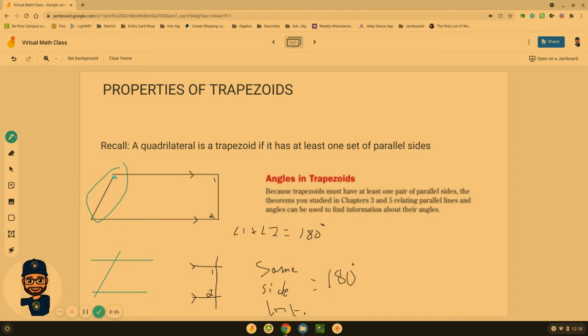So 3 and 4 in this picture are also same side interior, meaning angle 3 plus angle 4 has to equal 180 degrees. Every trapezoid is 360 degrees in total, but the two angles that are in between the parallel lines have to total 180.